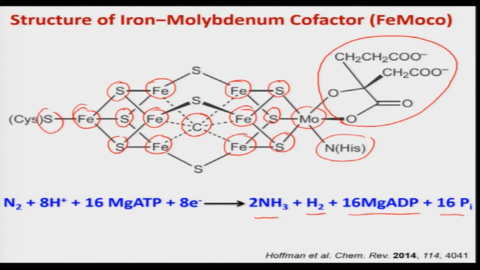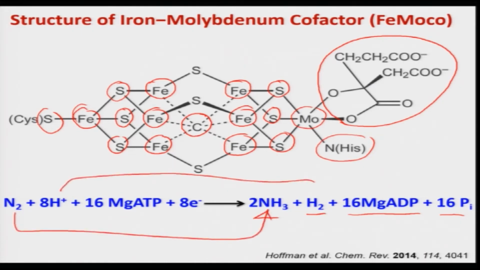So, all these reactions are coupled, and this is very important. Along with reduction of nitrogen to ammonia, you see that one molecule of hydrogen is also produced during this transformation.